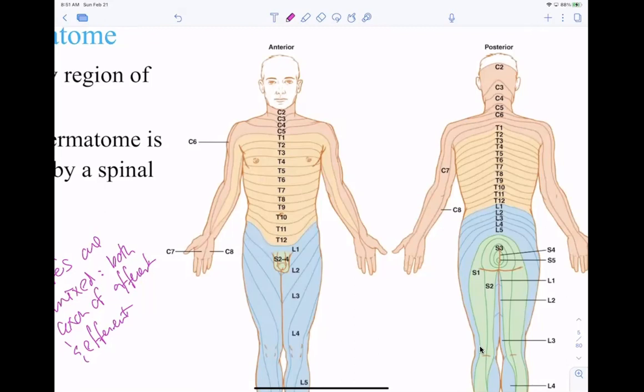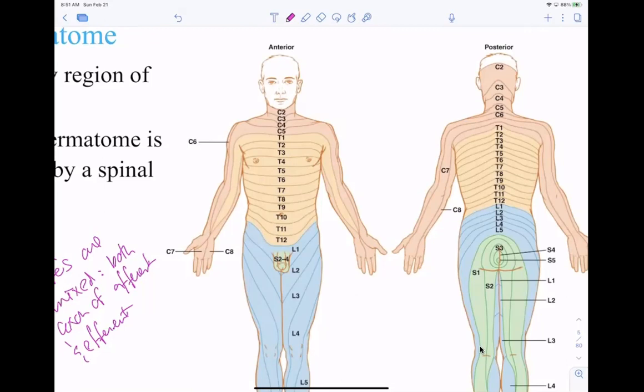C3 comes in above C3, below C2. So the spinal nerves are really named for the intervertebral foramen that they're coming out of. And so for cervical, they're named for the intervertebral foramen above that cervical vertebra. When you get to the thoracic, it's named for the intervertebral foramen below that vertebra.